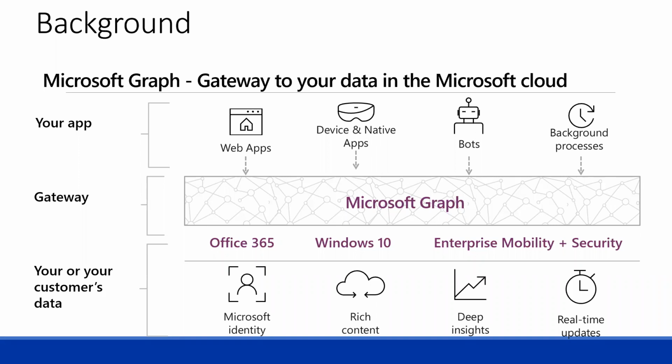So Microsoft Graph is the gateway to data and intelligence in Microsoft 365. As we all know, it provides a unified programmability model that you can use to access the tremendous amount of information in Microsoft 365, Windows 10, enterprise mobility, security, and so on and so forth.